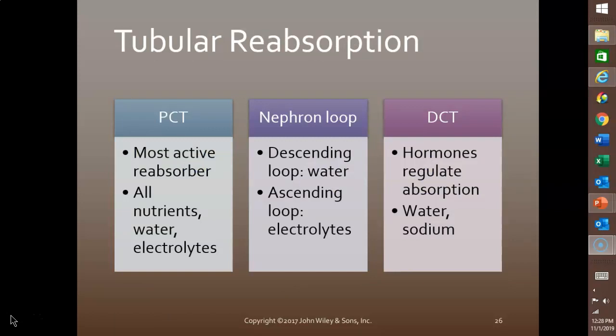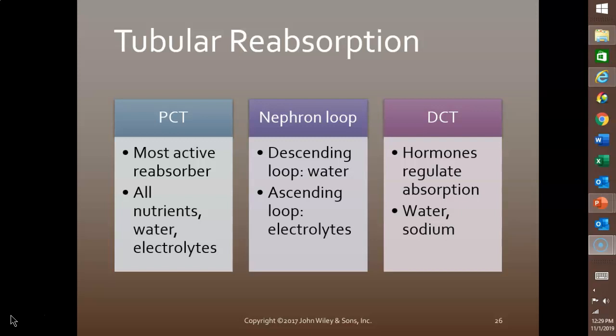The largest amount of solute and water reabsorption from the filtered fluid is going to occur in the proximal convoluted tubules, which resorb about 65% of the filtered water, the sodium, potassium ions, 100% of organic substances like glucose and amino acids, about half of the chloride ions, most of the bicarbs, most of the urea, magnesium, calcium, phosphates, so lots of nutrients, water, and electrolytes.